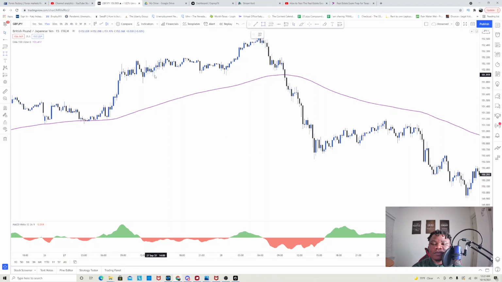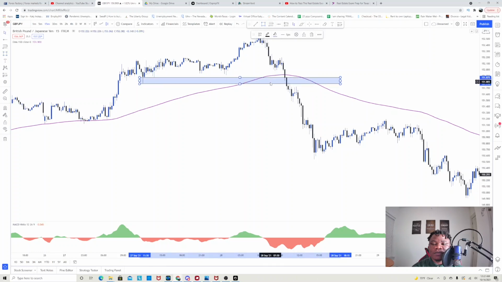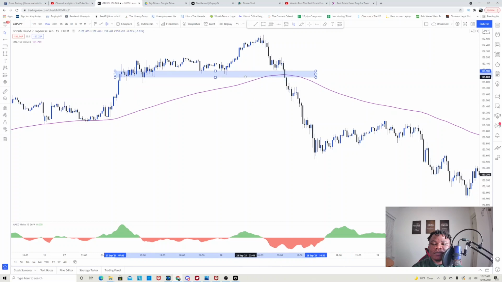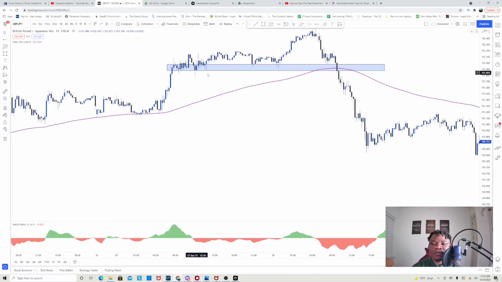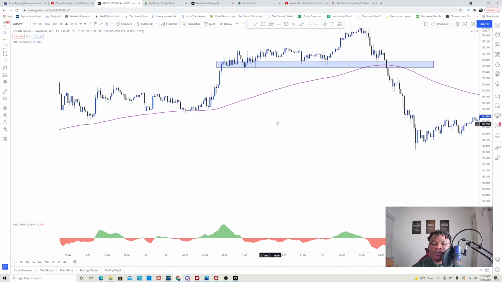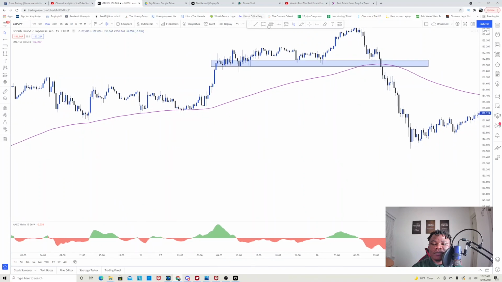If we look over here, we can see that we had a support zone right here. Now that we have that zone, what we're waiting for is price to break and close right below this zone. But if you look at it real good, we're still above the 150 EMA right here, so we need to look for another zone.